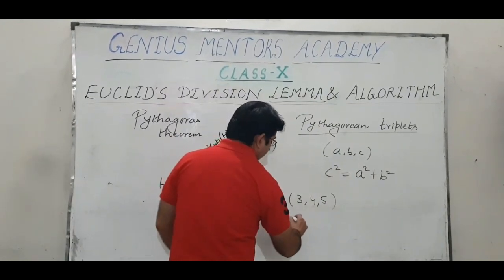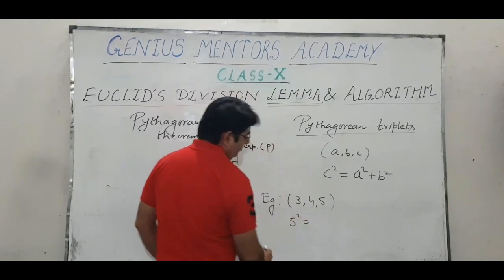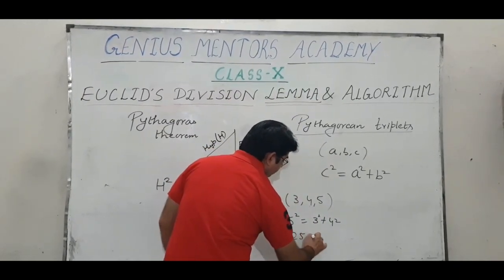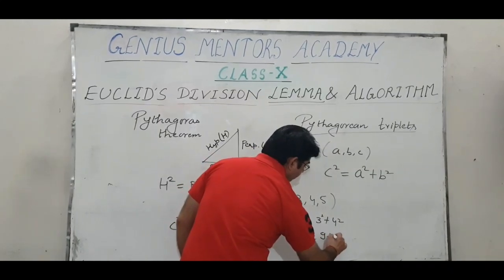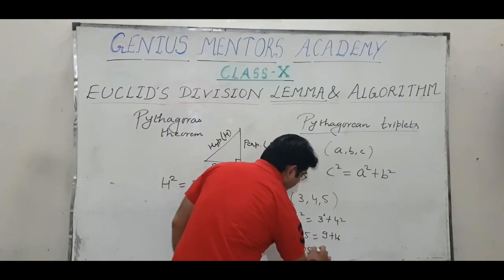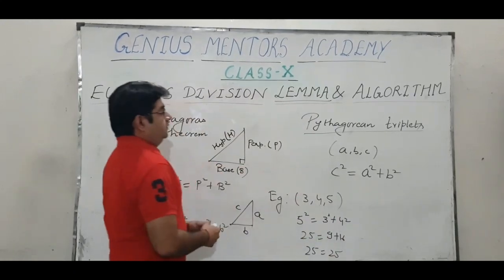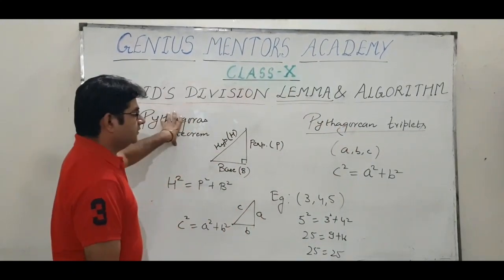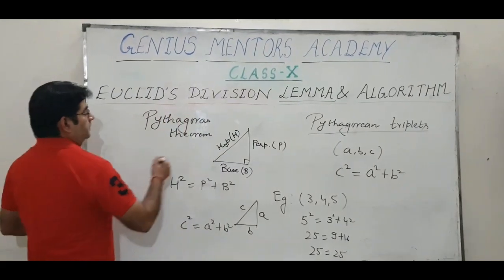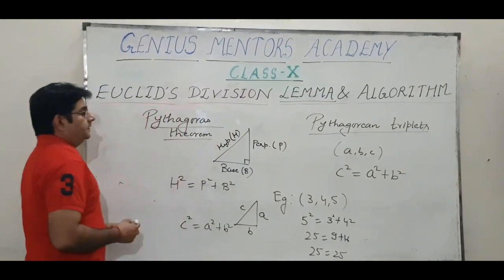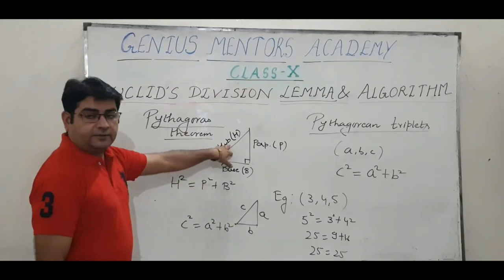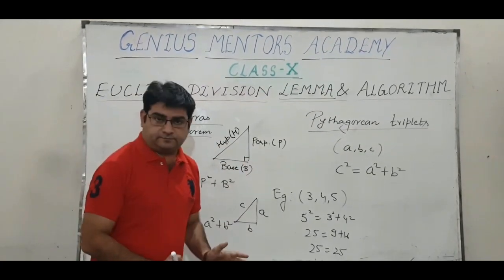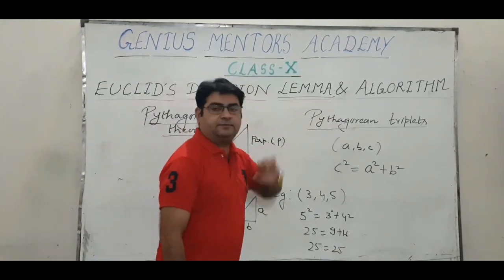So 5 का स्क्वायर, 3 का स्क्वायर, 4 का स्क्वायर. So the concept of Pythagorean triplet is based on the Pythagoras theorem. Square of hypotenuse is equal to sum of the square of perpendicular and base, which is the established lemma for this Pythagorean triplet.